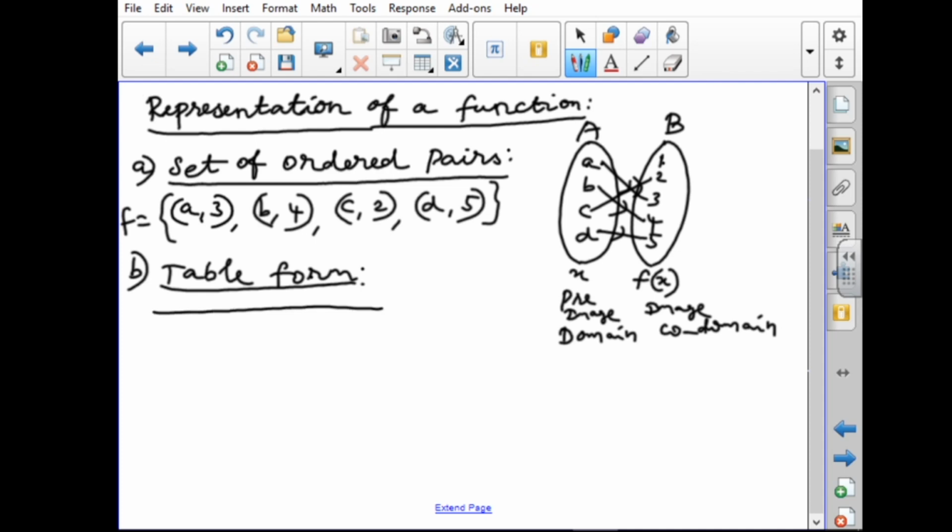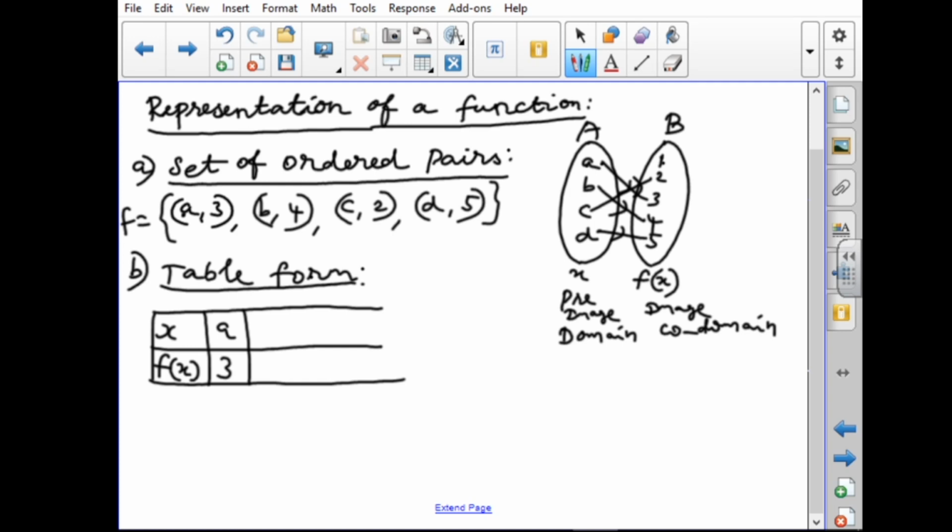Table form means we make a table like that. In the first column we give x, in the second column we give f of x. The ordered pairs we got, those elements we have to write. A comma 3 means A is x, 3 is f of x. So A we write here, 3 we write here.